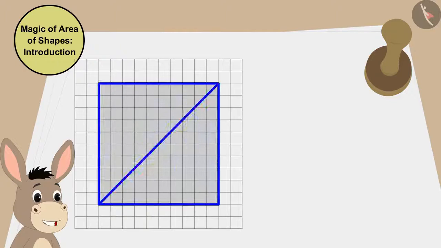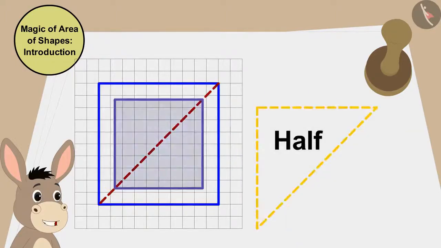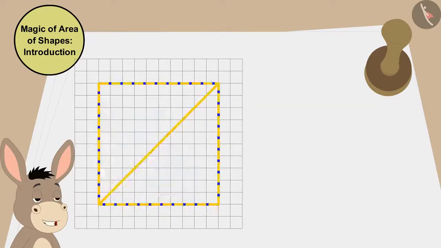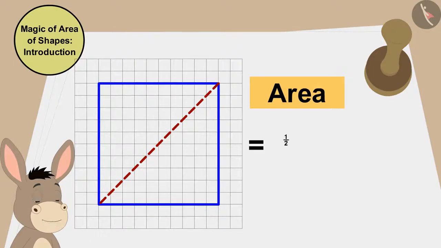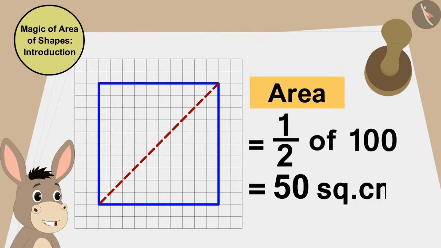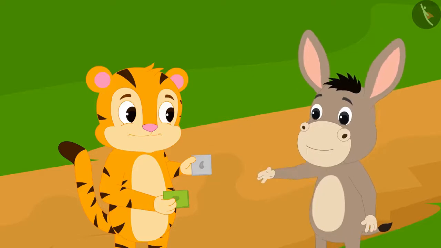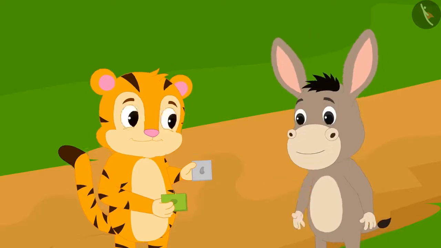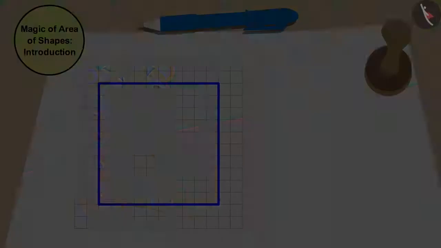And because both triangles are half of this cashew barfi, both of the areas of the triangles will be half, or 50 square centimeters of the area of cashew barfi. Bhola told Sher Khan. Sher Khan was shocked.